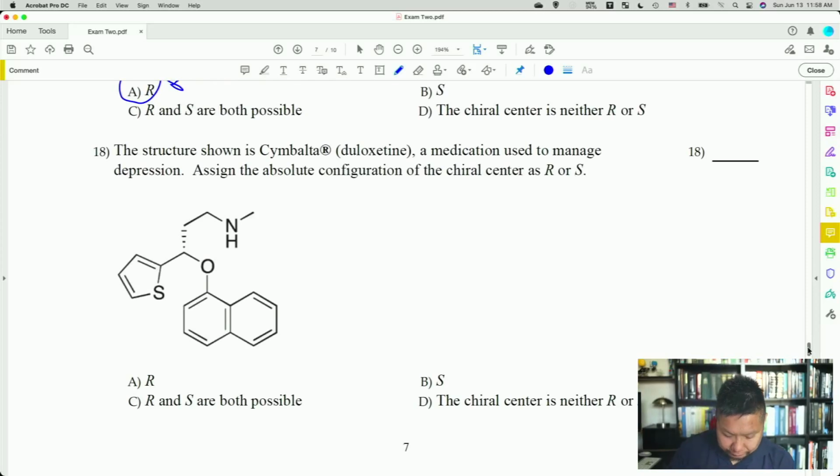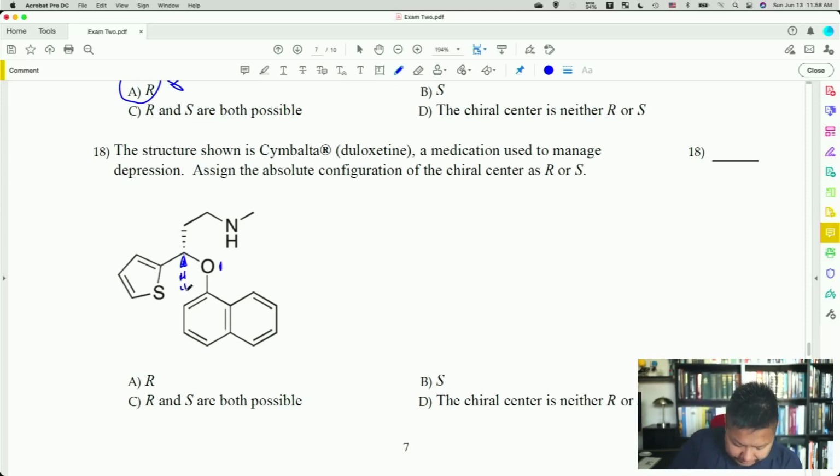Okay, but this time we're not so lucky, where the hydrogen is actually coming out at us this time. So we're going to have to rotate it after we get done numbering things. Okay? So let's number things. Of the first level of atoms connected to that chiral carbon, of course, oxygen again gets 1, and hydrogen gets 4.